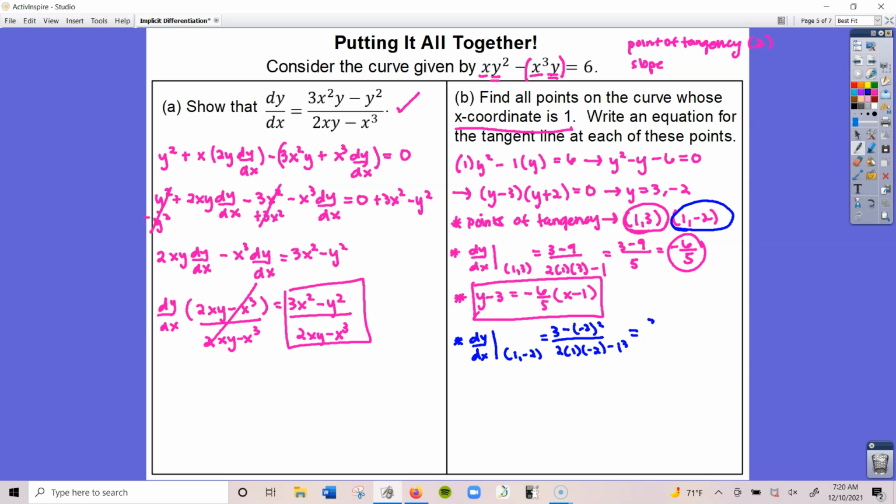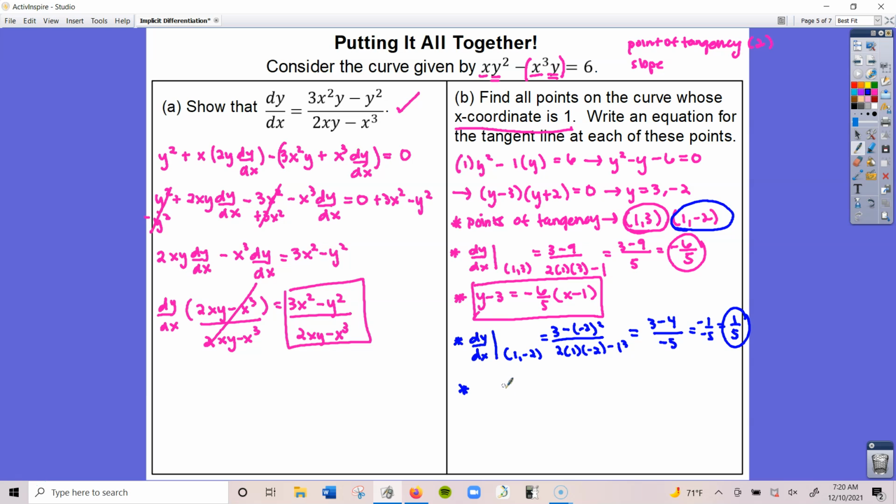So that's going to give me 3 minus negative 2 squared, which is 4, over 2 times 1 times negative 2, which is negative 4, minus 1 is negative 5. So this gives me negative 1 over negative 5, which is 1 over 5. So this is my slope for this point.